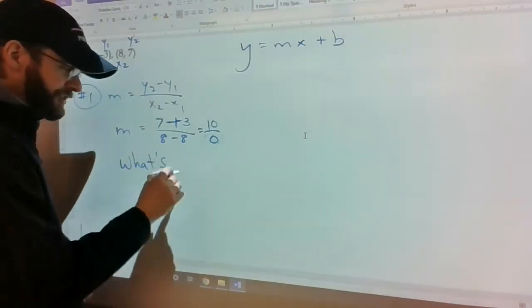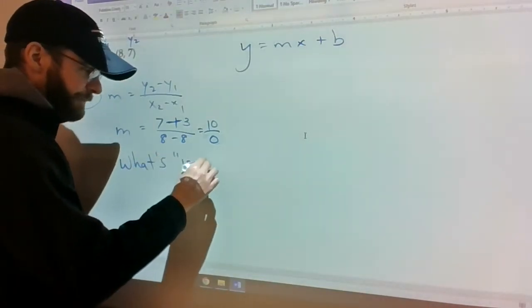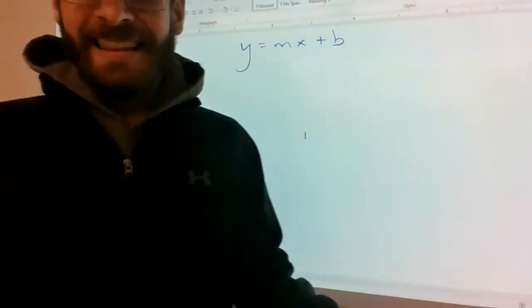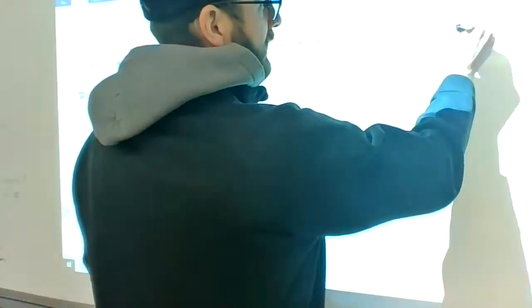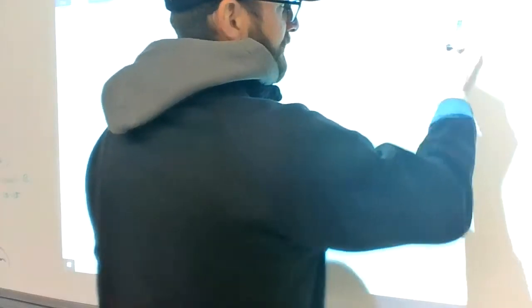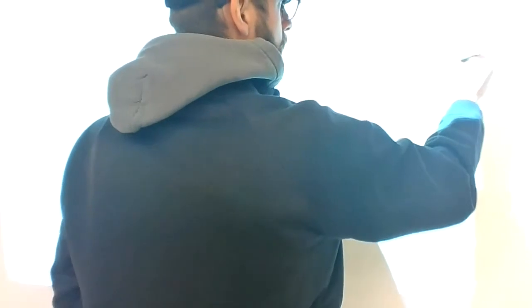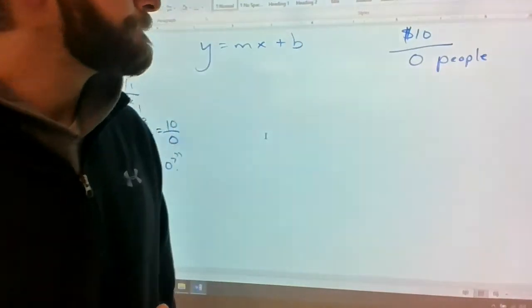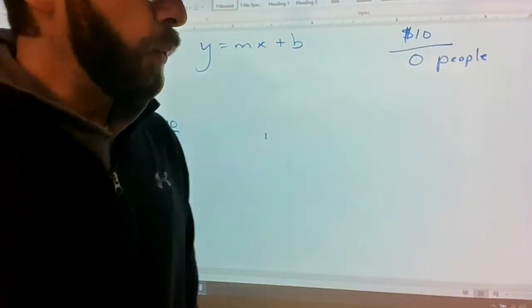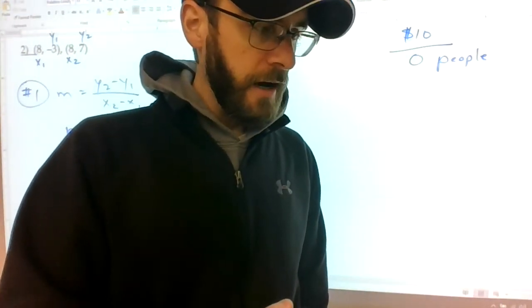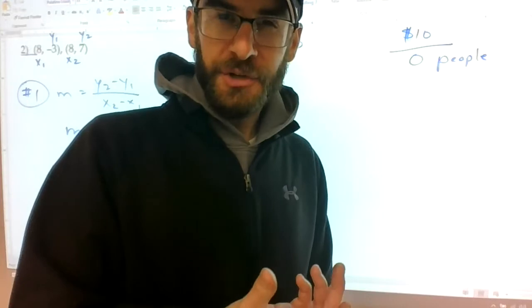So we've got to ask ourselves the question, what's 10 divided by 0? Well, again, let's use the context that I had beforehand, right? I said, hey, what if you've got $10 divided amongst 0 people? How many dollars per person would that be? Well, the weird thing about trying to divide by 0 is that, remember, division is the reverse of multiplication, right?